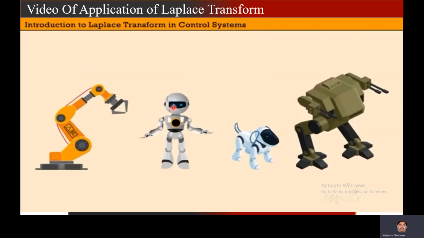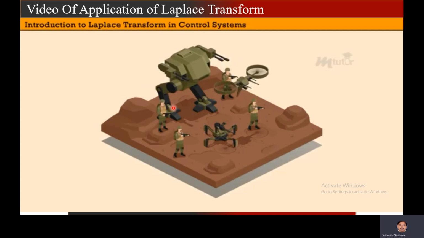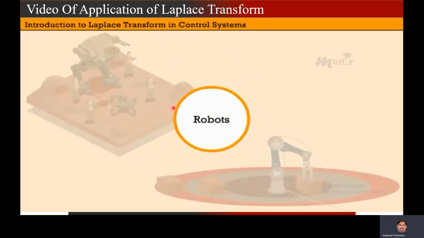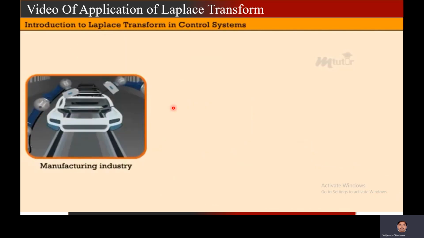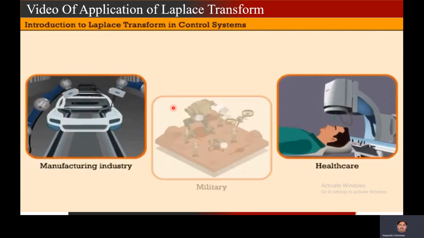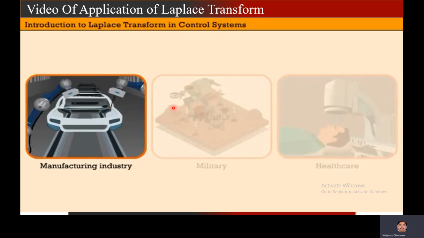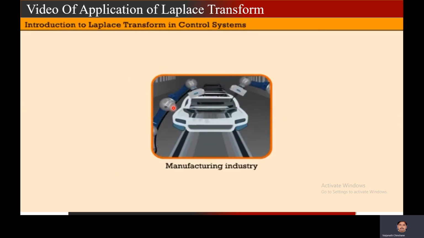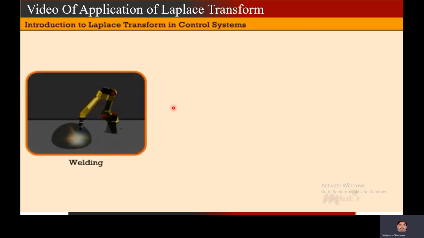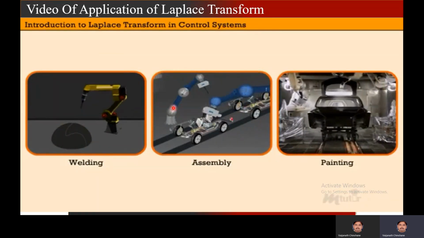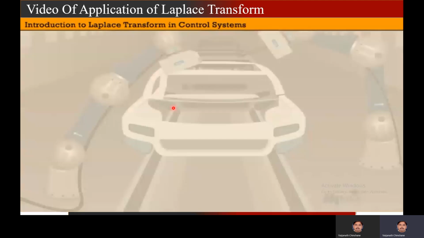Robots. We see them everywhere. They assist humans in performing dangerous and repetitive tasks. And they are currently being used in fields like manufacturing industry, healthcare, military, and yes, the list is endless. In the manufacturing industry, tasks such as welding, painting, and assembly are carried out by robotic arms with high precision.